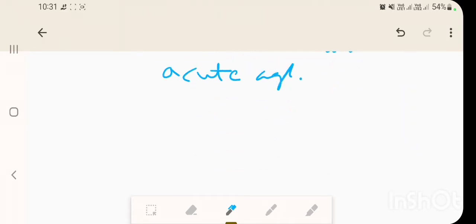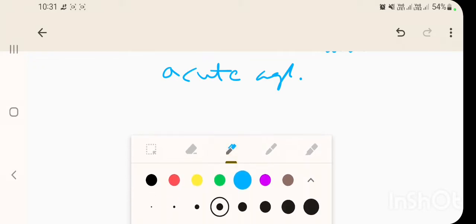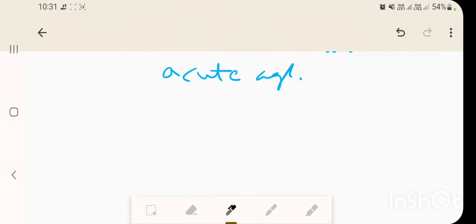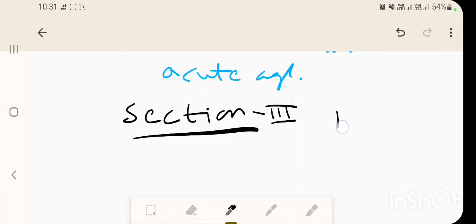And the problem we have in SA1, in this paper, section 3, is a 4 marks question from the trigonometry chapter.